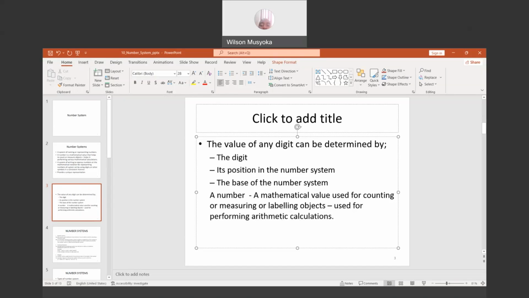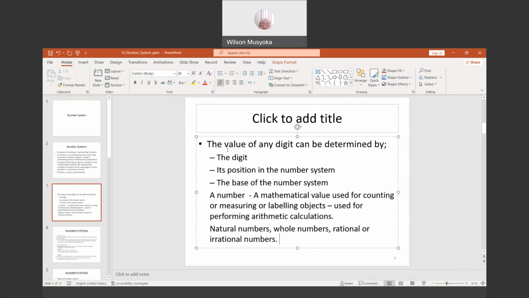They are of different types. You can find numbers being referred to as natural numbers, whole numbers, and others called rational and others irrational numbers. So all of those are labels also being given to numbers.